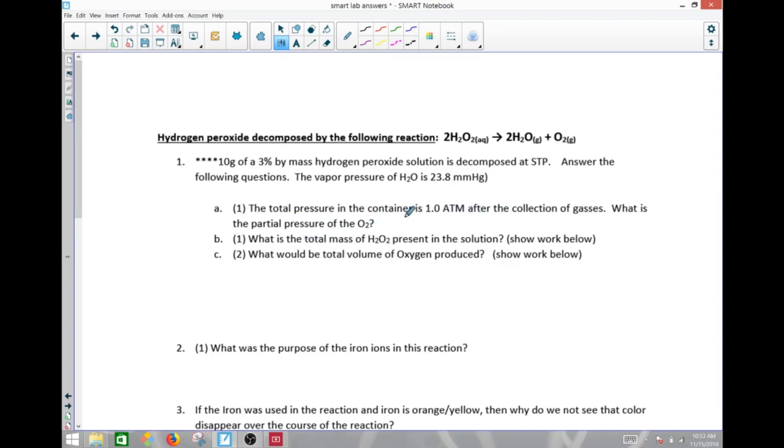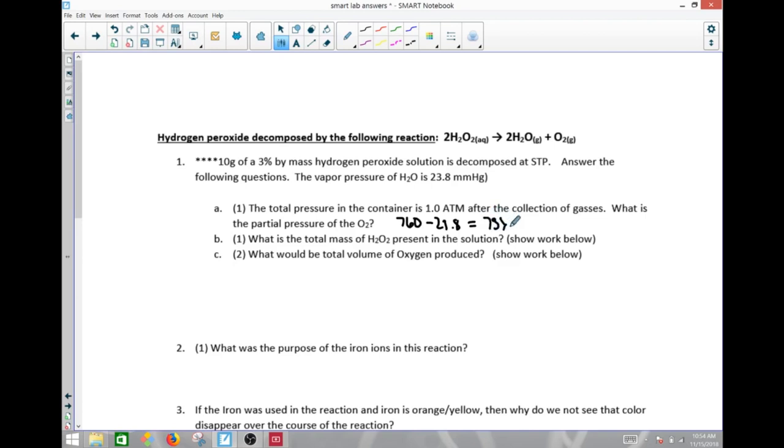Okay, so here we're looking at 1 atmosphere, or let's go 760 as my standard pressure. You can go 1 if you'd like. Minus the 23.8, which is the vapor pressure, will give us our next calculation. 760 minus 23.8 is 736.